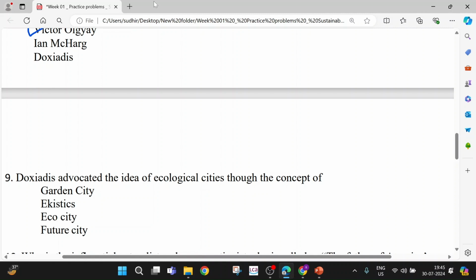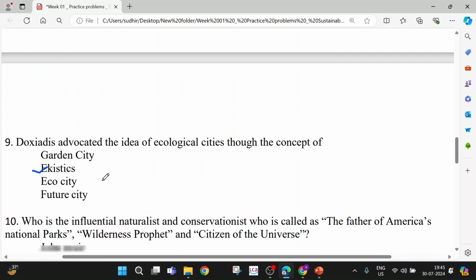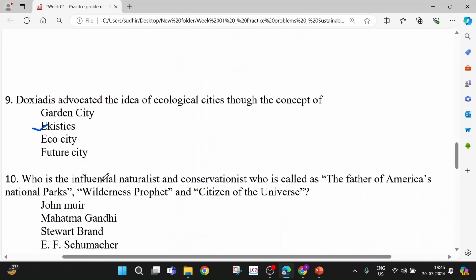Yes, sir. Okay, then this is question number 10. Option A, father of America's national parks. This was asked last year, so I think you will be able to give the answer to this question also.